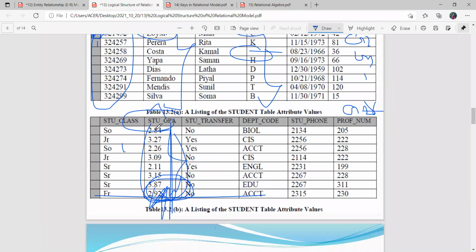When we consider the GPA, the maximum value for the domain is 4 and the minimum value of the domain is 0. So all these values are within this range.